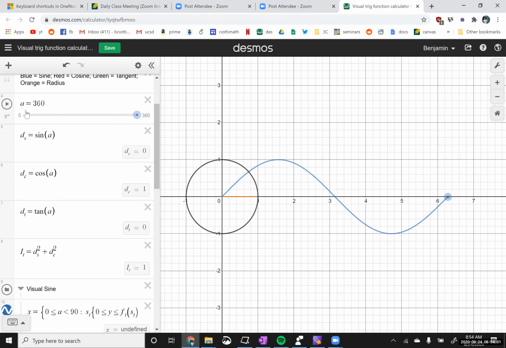So we start with the y value being 0 when the angle is 0. And as the angle increases, the y value goes up. Now the y value starts getting negative, and we end up back at the y value that we started at. So there's a graphical animation of what the sine value is doing.